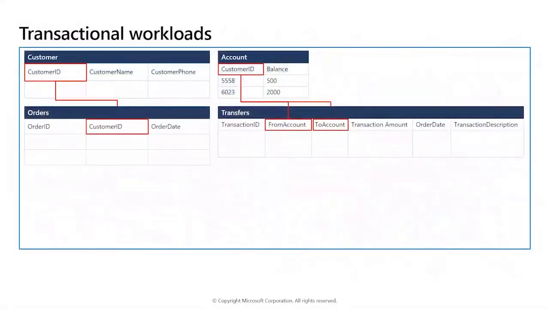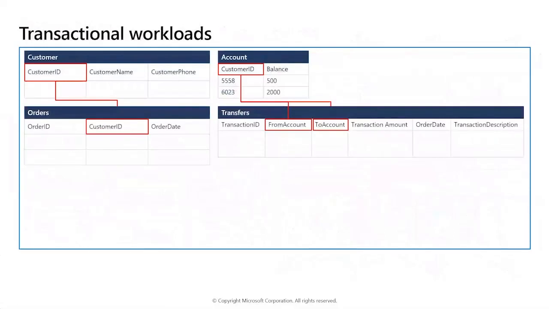Now, transactional systems are often quite high volume. Sometimes they can handle millions of transactions in a single day, and so the data being processed needs to be accessible very, very quickly. The work performed by a transactional system is often referred to as an online transactional processing, or OLTP, system.